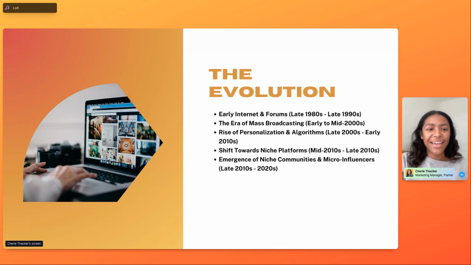The next era is the late 2000s, early 2010s. I call this the rise of personalization and algorithms. We all know that triggering word, algorithm. As more and more people were becoming social media users, platforms such as Facebook and Instagram started to curate content for their users within their feed.